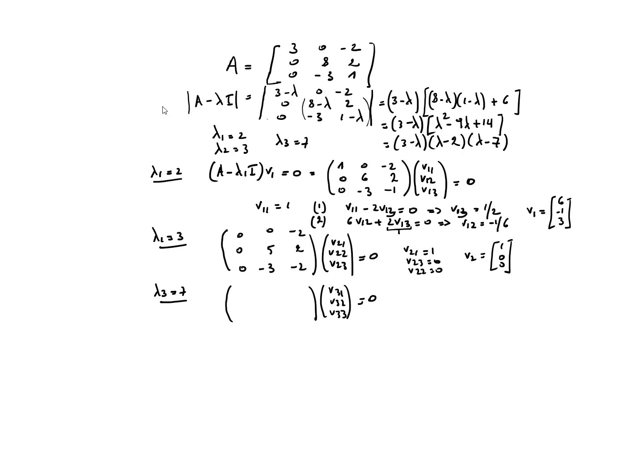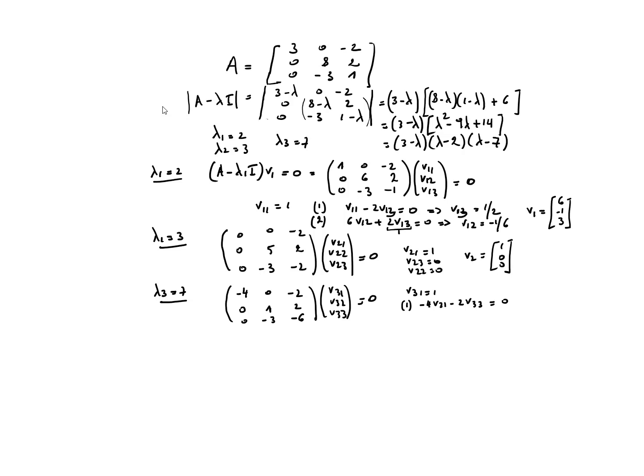Okay, so this is minus 4, 0, minus 2, 0, 1, 2, 0, minus 3, and here we'll have minus 6. Okay, let's again take v3 1 equals 1. The first equation will be minus 4 v3 1 minus 2 v3 3 is equal to 0.